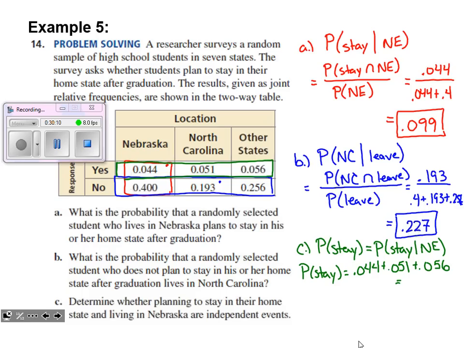That gives me, what's that going to be? 0.151.